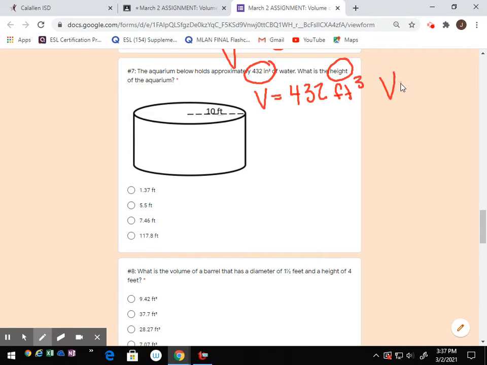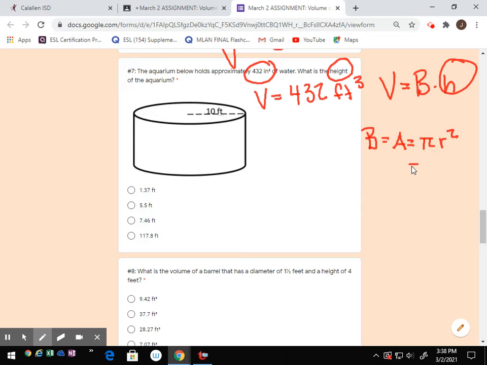So if we look at our formula, we have big B times H. We don't know H yet, okay? That's what we're finding. All right, let's find big B though. Our area of the base, our shape of the base is a circle. So big B is equal to the area of a circle, which is pi r squared.